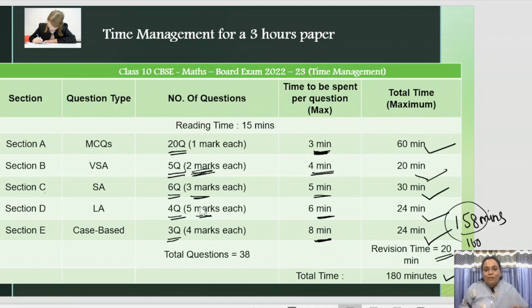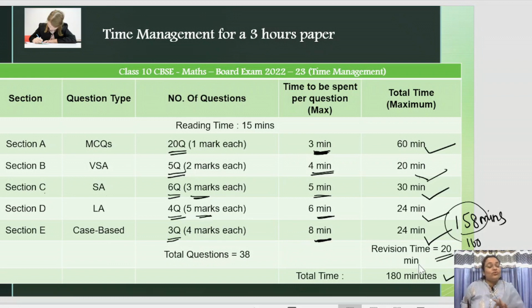If it is a 2 marks problem, solve it like a 2 marks problem only. Do not solve it like a 5 marks problem, or a 4 marks problem. It will waste your time. Instead, you can utilize the time in case study questions or in solving other questions.